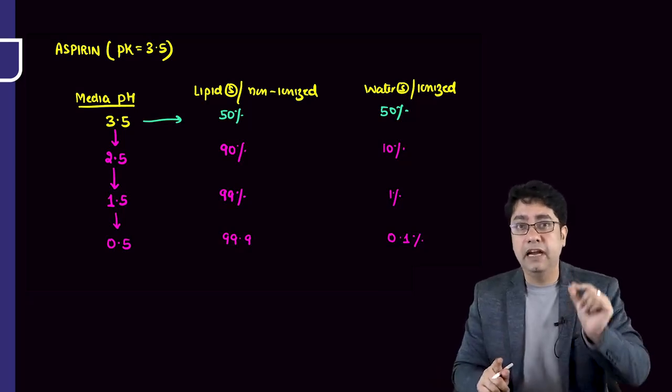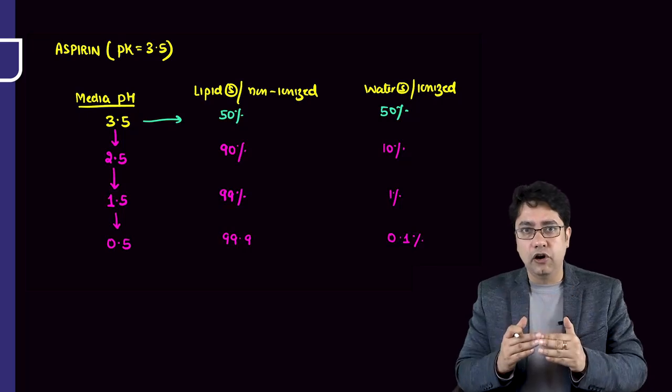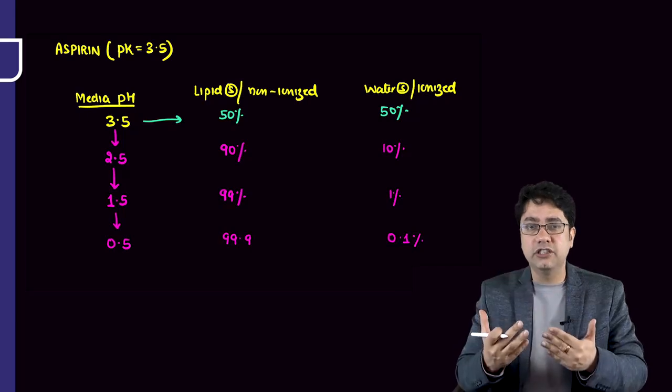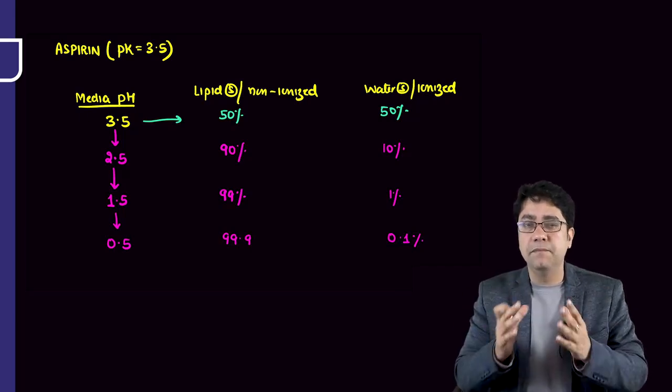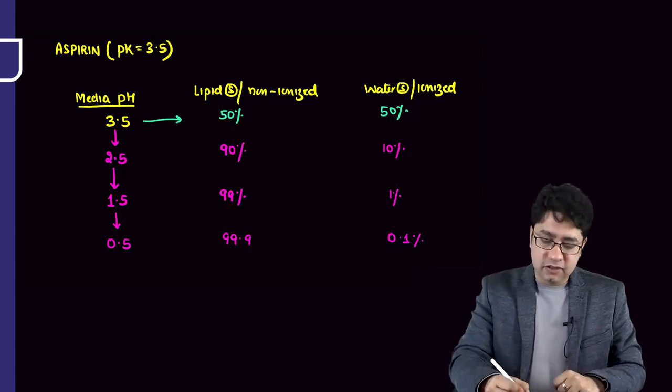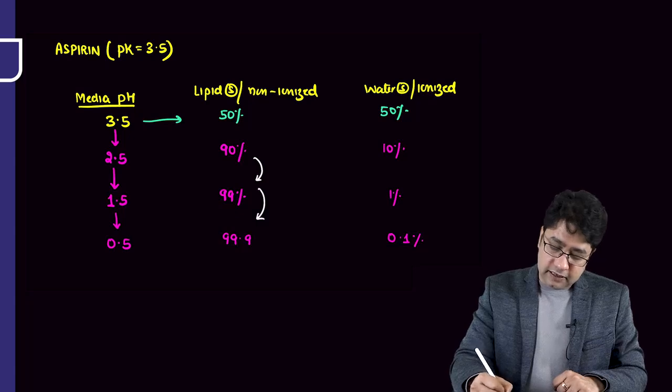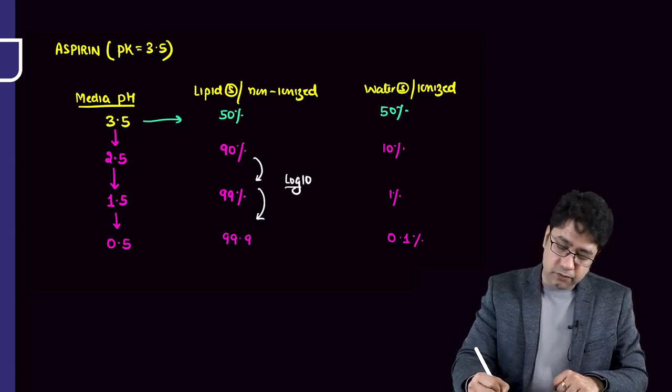Because we have applied log. In log, remember log 10, the things change exponentially by a factor of 10. So you can see log 10 is playing a role out here. It is because of the log 10 value.